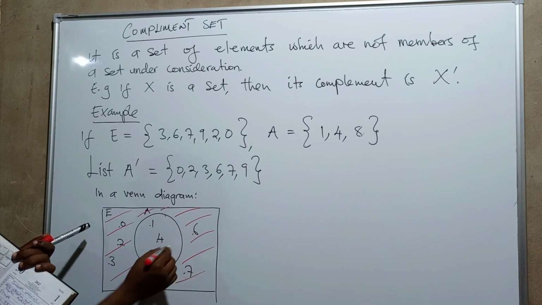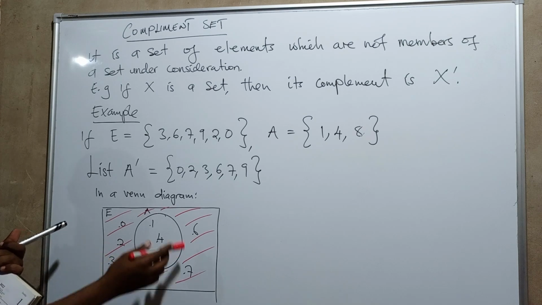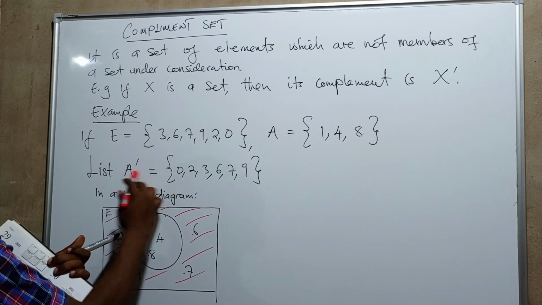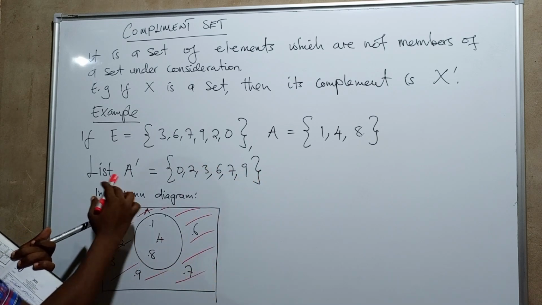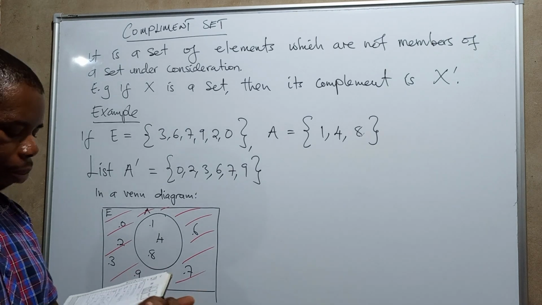These are elements which are not part of set A. So this is the presentation using a Venn diagram, and the earlier one was listing.